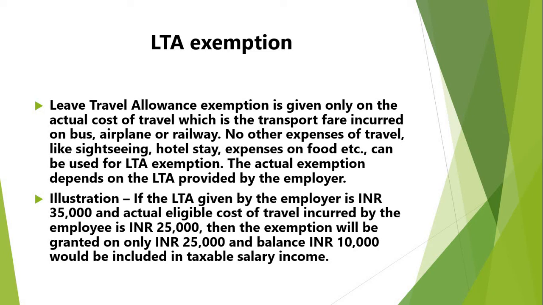For example, the employee received 35,000 rupees LTA, but actually it is exempted up to rupees 25,000. So 35,000 minus 25,000, remaining 10,000, that is the taxable amount. Okay friends?